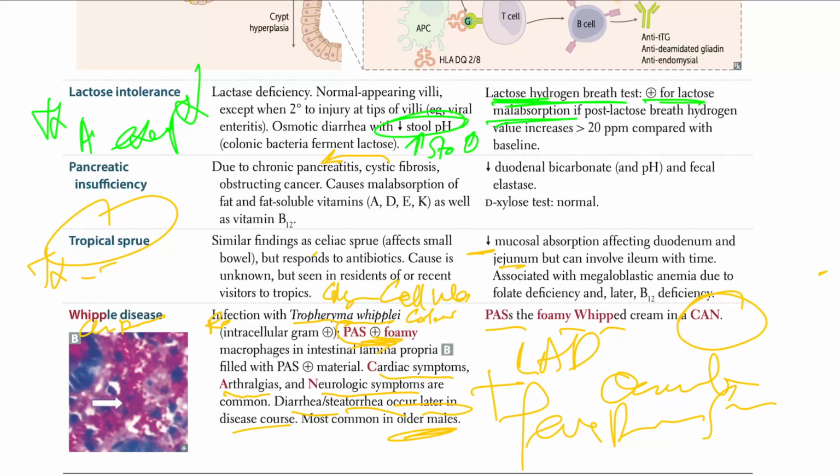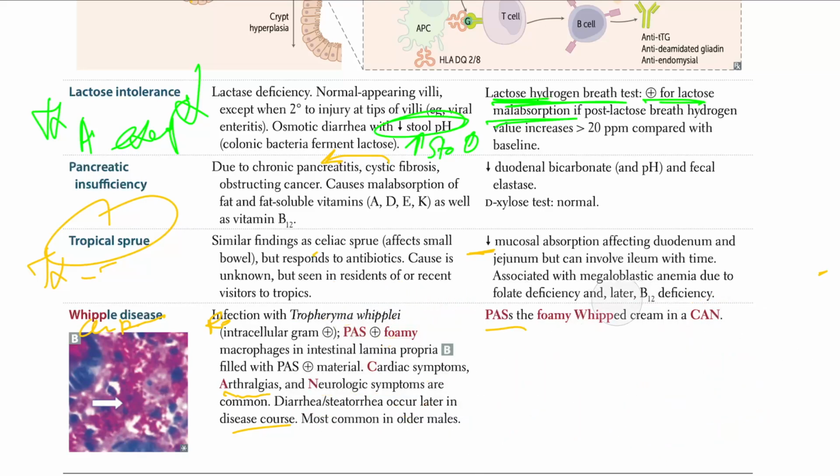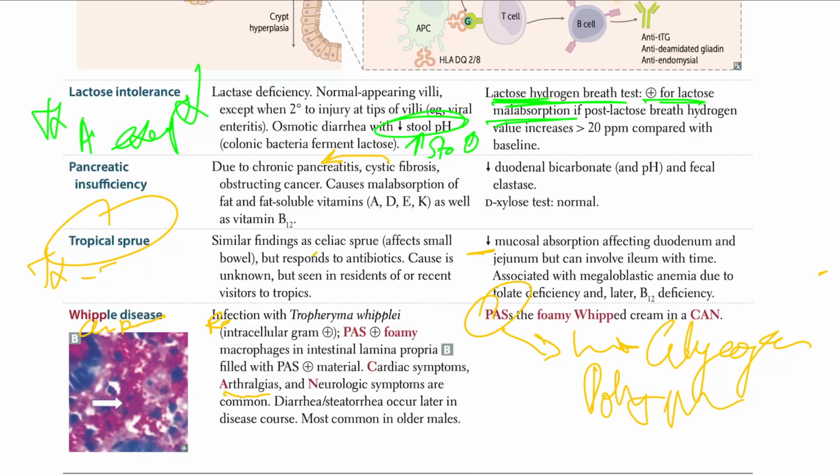So why am I saying all of that? Because this PAS, periodic acid-Schiff stain, highlights the glycogen, or the polysaccharides or monosaccharides and the glycogens.